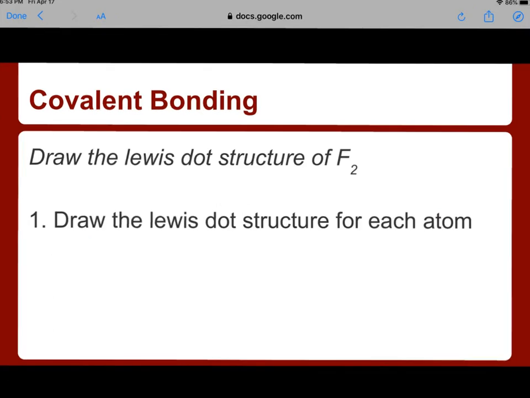Right, so let's try drawing a Lewis dot structure now for F2, 2 fluorines bonded together. In this case, I'm going to make 2 fluorines and give each of them their 7 dots.